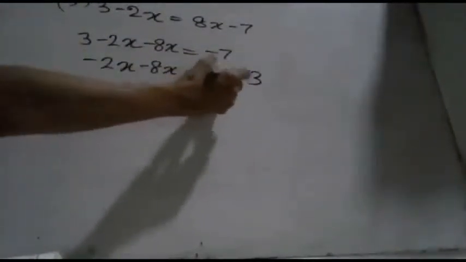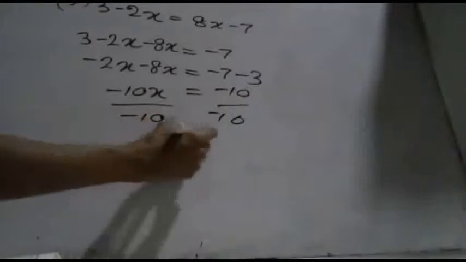Negative 2x subtract 8x is equal negative 7. We take this positive 3 to right hand side, negative 3. Negative 10. Negative 2x plus negative 8x, negative 10x. Both sides divide by negative 10. X is equal 1.